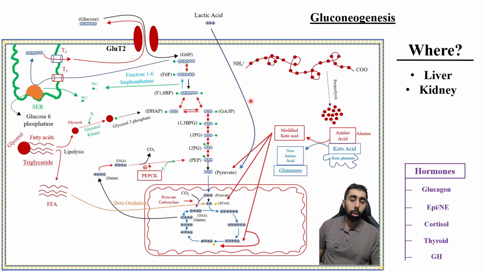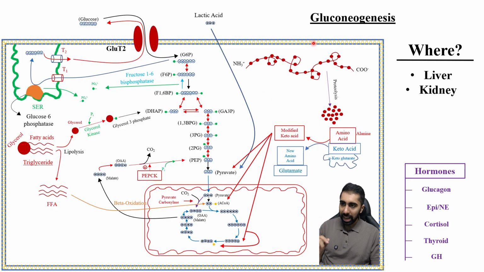I told you that we're going to talk about why we're doing gluconeogenesis. I'm going to answer it right now. Whenever we have a low blood glucose level, when we are in a hypoglycemia condition, our liver actually uses gluconeogenesis to produce glucose, because glucose is the main energy source of the brain and heart, and it is very important to keep it in a normal range.